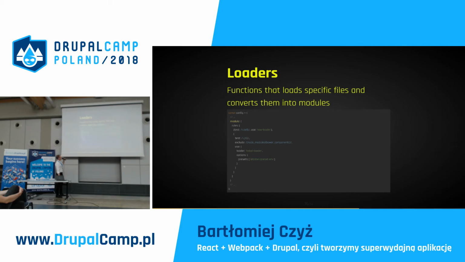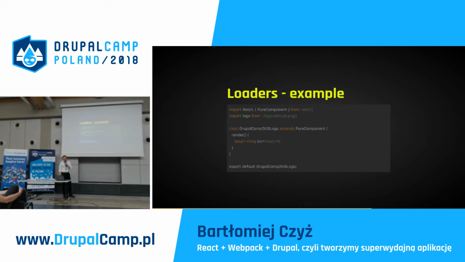The first one is for text files, and we use raw loader, and the second one is for JavaScript files. So we can exclude some directories, like node modules, like bower components, and you can exclude more files if you want to. And we can also pass other options, so we can select some Babel presets, and so on. This is extremely configurable, and you can actually make your own loader.